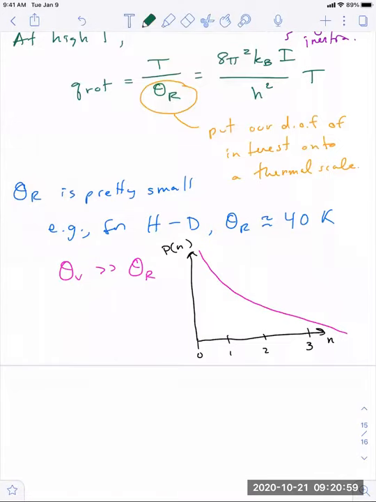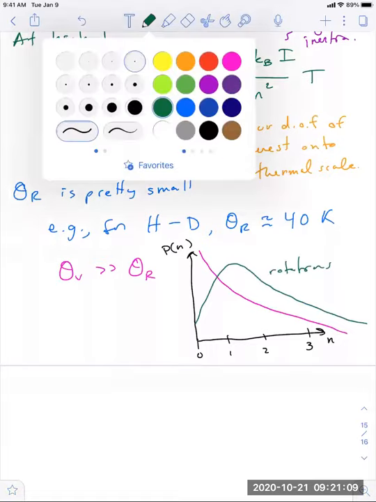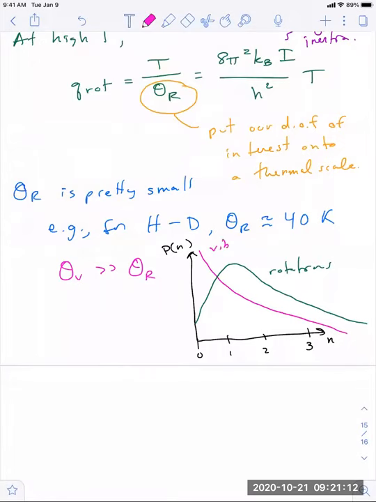But for rotations, we get much larger occupation of these larger values of n. So this green would be rotations, and this pink would be vibrations. The actual shapes of these curves is not super important, or at least the shape of the rotational curve, but it's just a way to visualize what this really means when we talk about the temperatures related to each of these degrees of freedom.